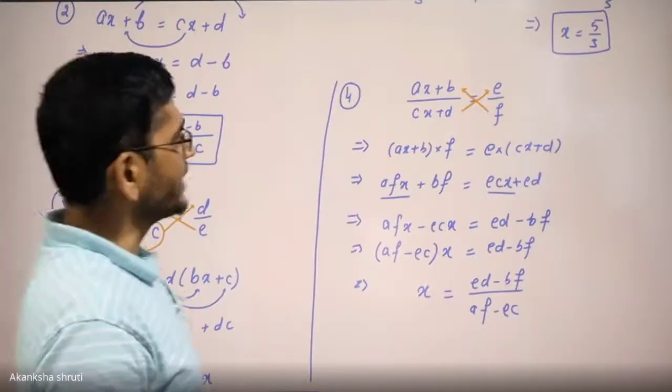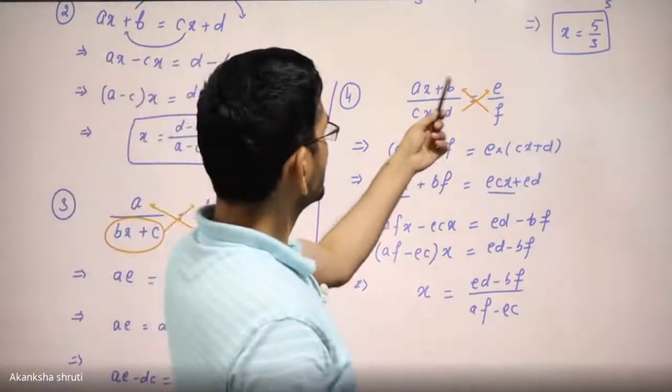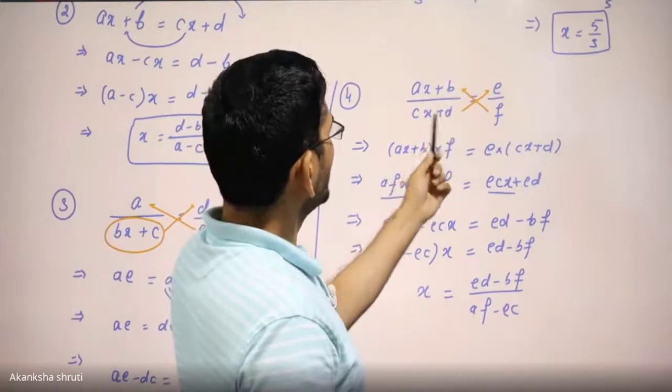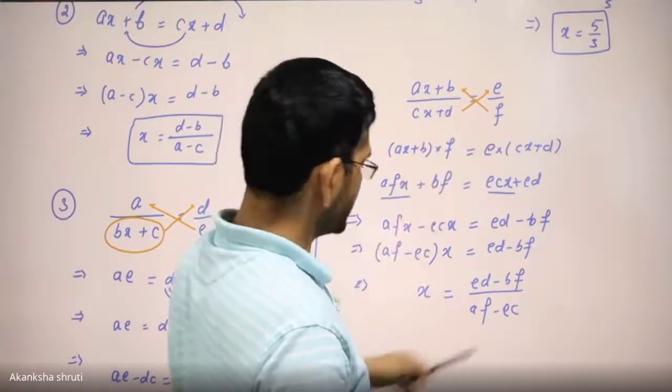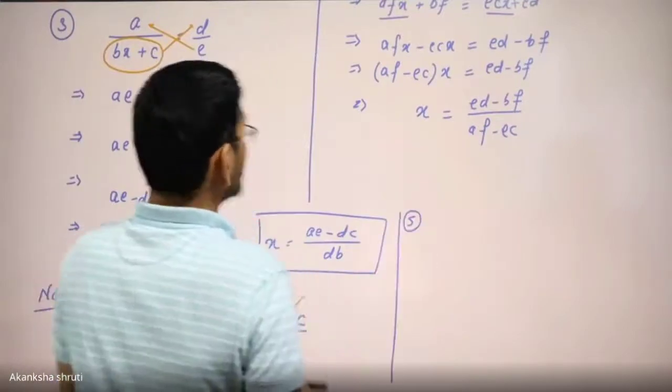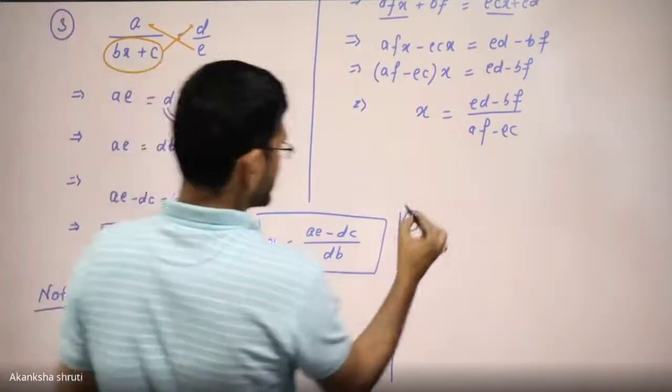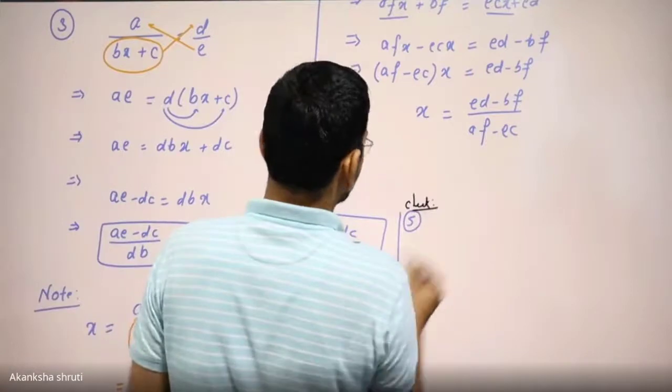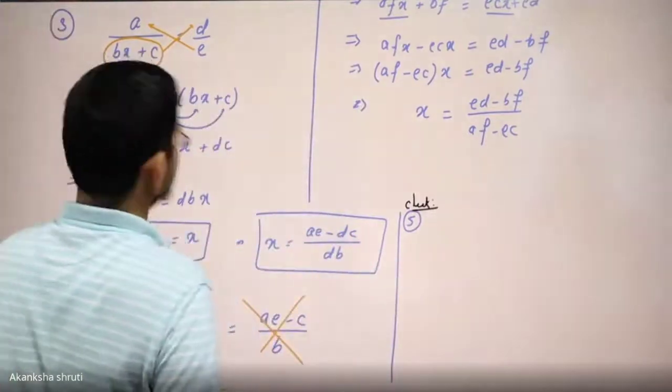Students, is it possible to keep this x in one numerator and the other x in another denominator? Let us check that. So for the fifth one, we have to check whether this is linear or not. The method I had explained in the last class.